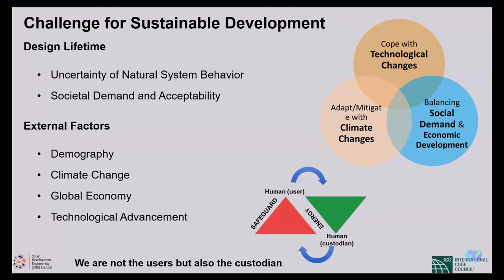Somebody is producing emissions in America or a developed country, and we are suffering from it now. The monsoon starts earlier than normally expected, or the intensity is higher than expected. So normal behaviors become unexpected in the future with climate change. We have these external factors, and we have to understand that.